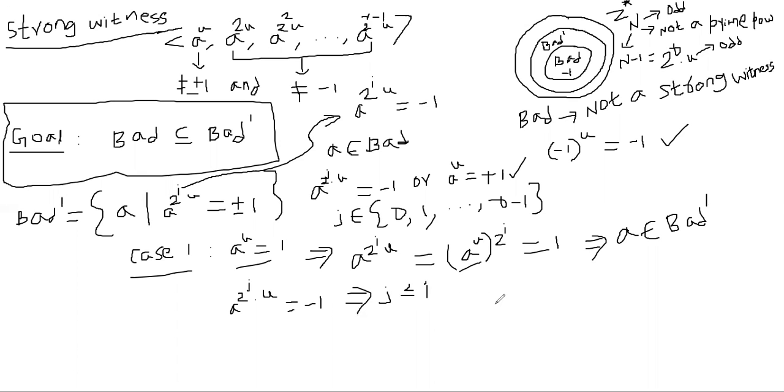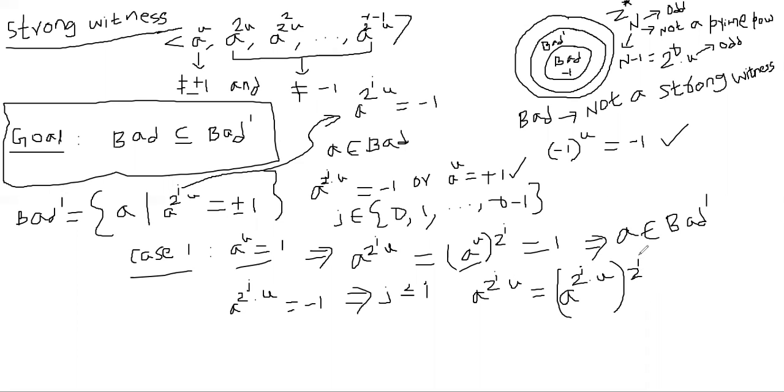In that case, how do we rewrite a power 2 power i times u? We write it as a power 2 power j times u, and then I power this whole thing again with 2 power i minus j.